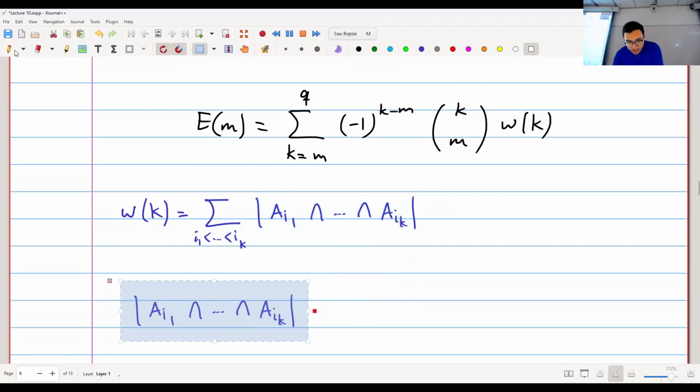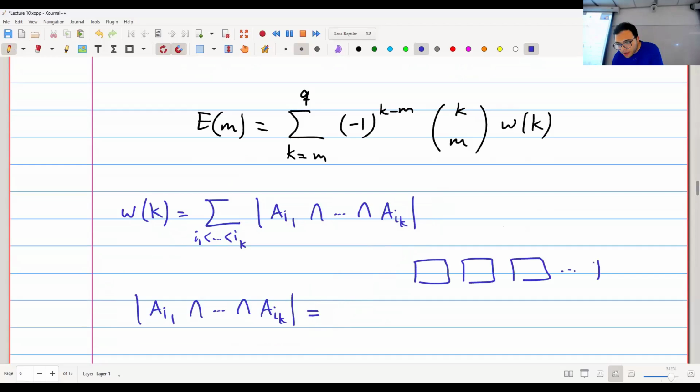Basically, the situation is this. I have r chairs, but k of them are already filled. So the indices i1 to ik, I know that the person with the same number as the index should go and sit there. So how many available chairs do I have? I have r minus k chairs remaining. How many available people do I have?